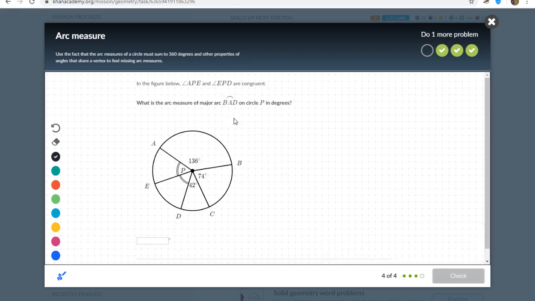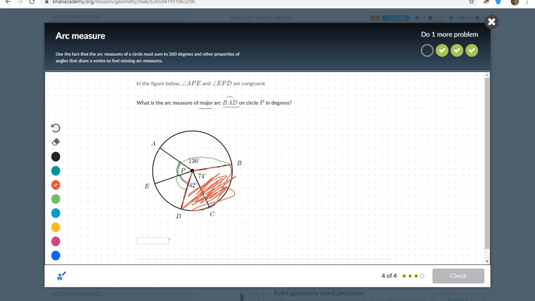Alright, here's where it gets interesting. What's the arc measure of major arc BAD on the circle? It wants to go from B to A all the way to D. This is perfect because we know that we want nothing to do with what's going on over here. This whole shaded region over here is completely useless.